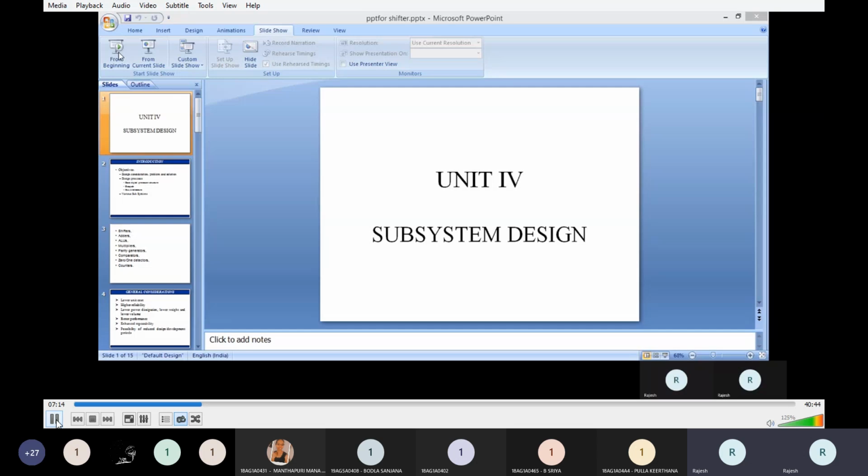After covering this, we have seen what is a delay, how delay is affected at the output, and how to drive large capacitor loads, what is fan in, what is fan out, and how you form the layers so that you can reduce the parasitic elements, and what is the wiring capacitance. So this covers up to unit 3.